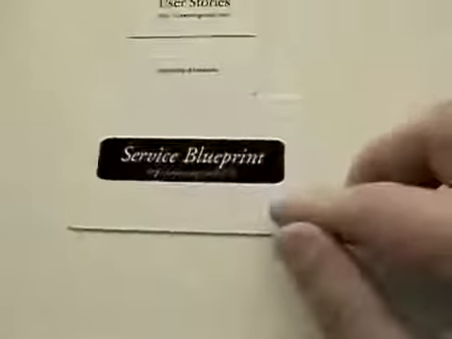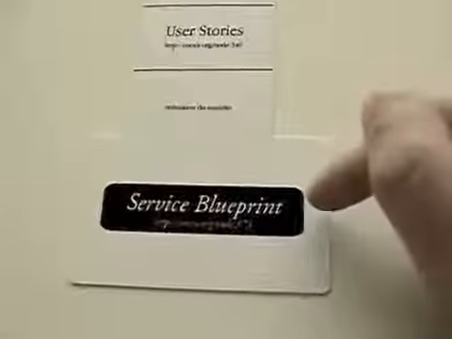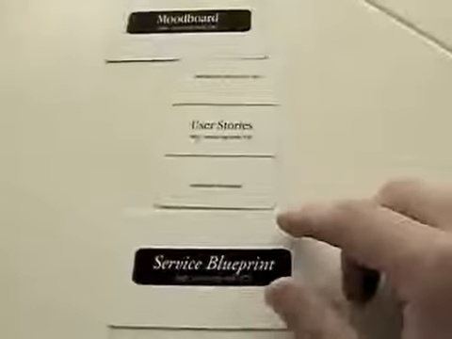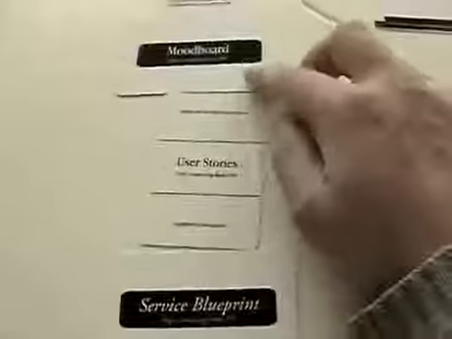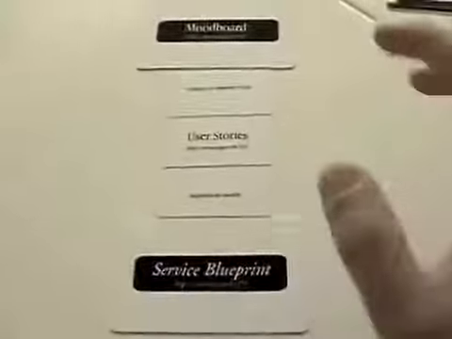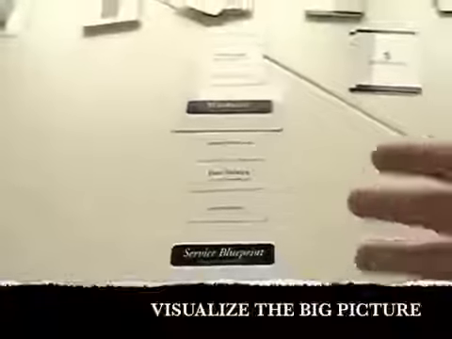You can develop a service blueprint after you have the user stories, and you can see that the deliverable cards are used in a horizontal fashion and the method cards are used in a vertical fashion. This is just for helping you see the big picture.